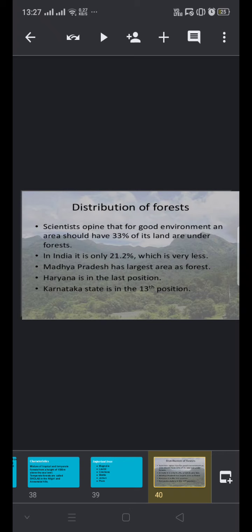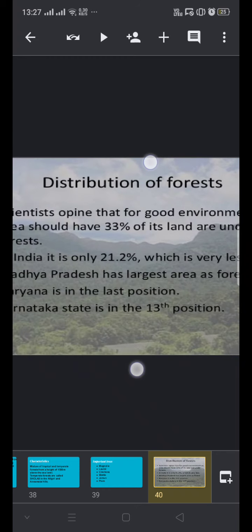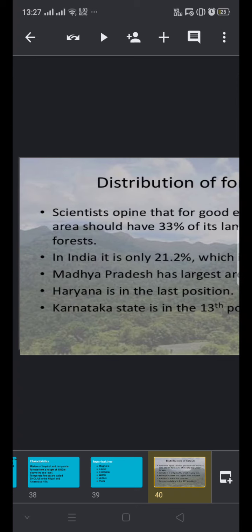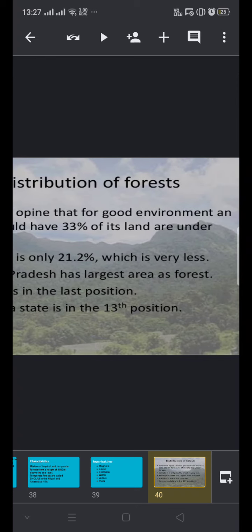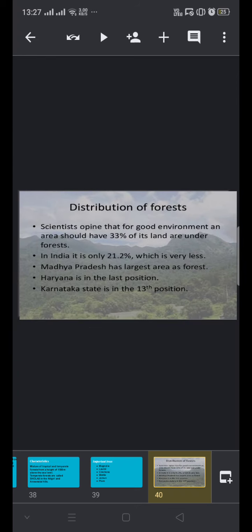But unfortunately, India has only 21.2%, with Madhya Pradesh having the largest area under forest. Haryana is in the last position and Karnataka is in 13th position.